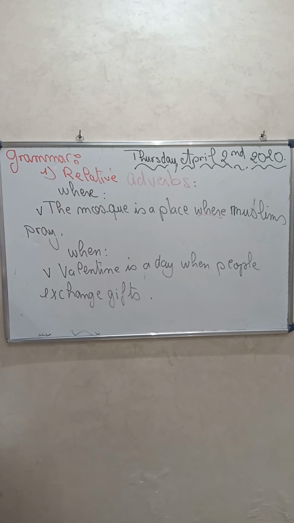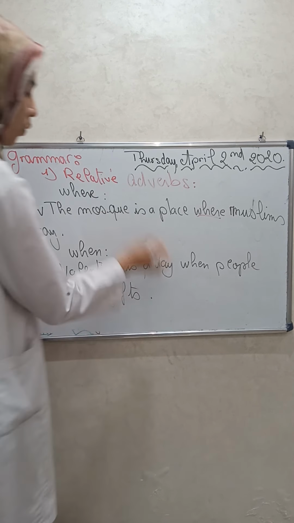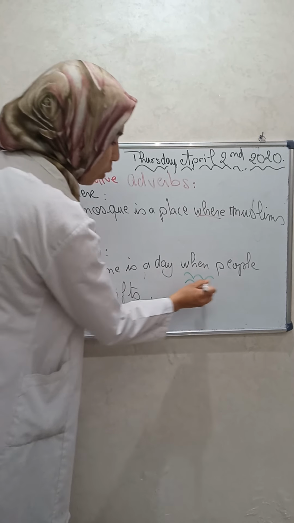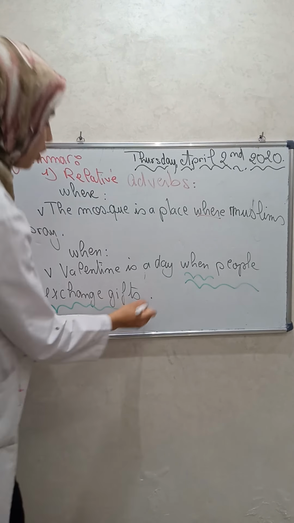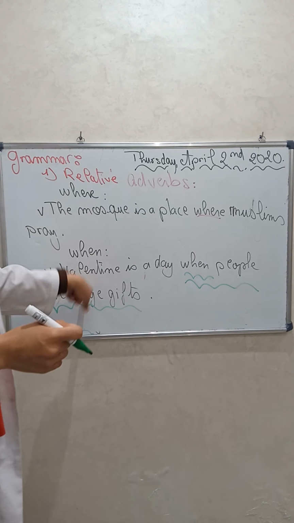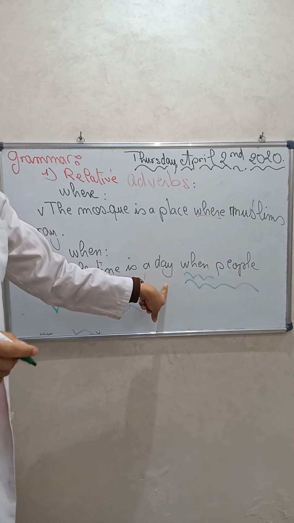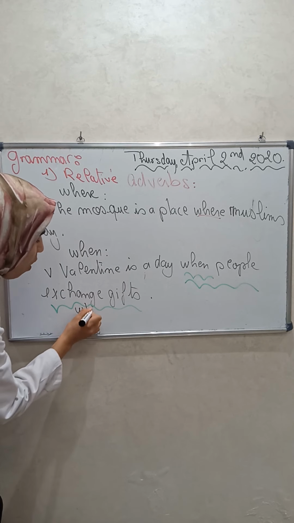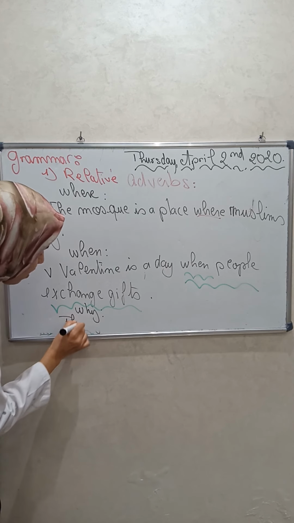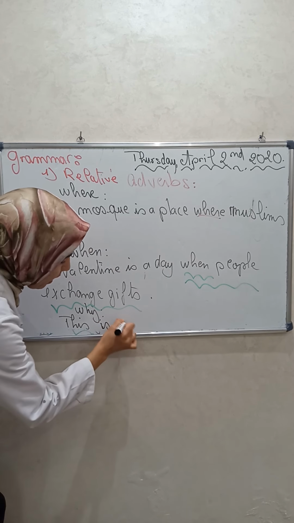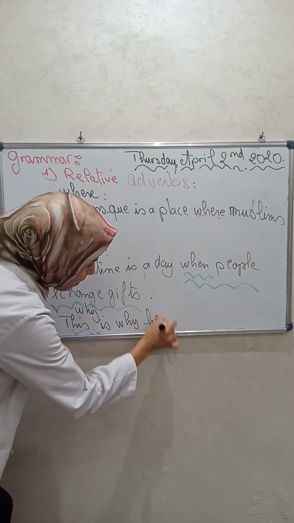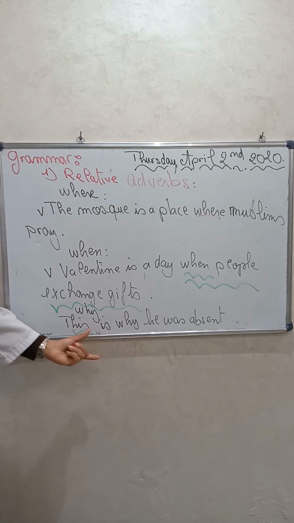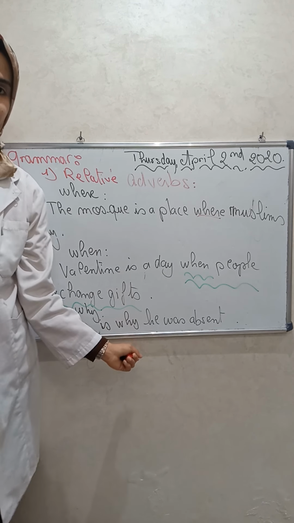For example, so relative adverb when, relative clause when people exchange gifts. What is left? Valentine is a day. Why? This time, so why? This is why he was absent. And here there is no rule for this why.